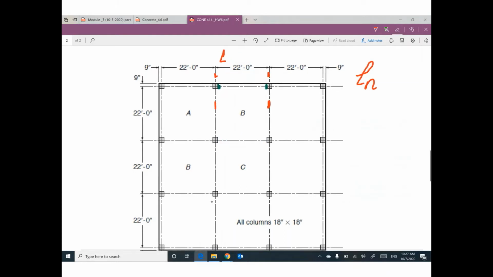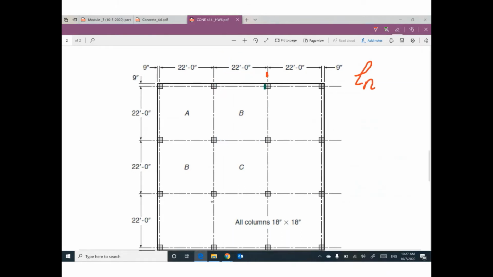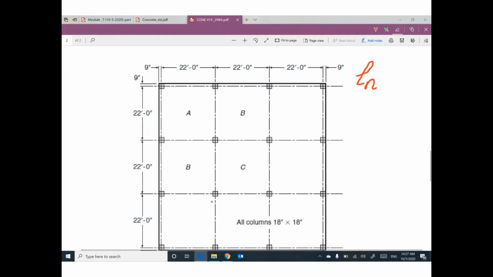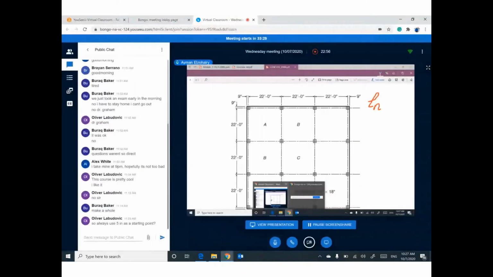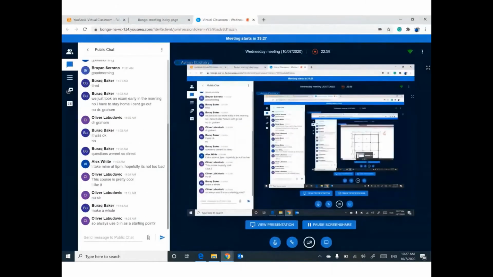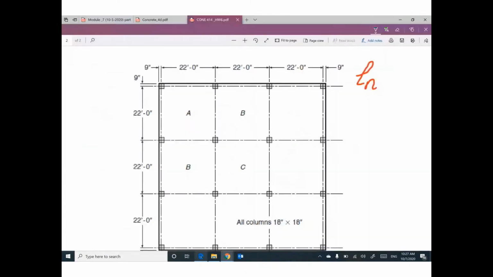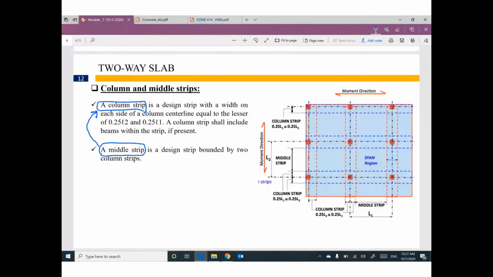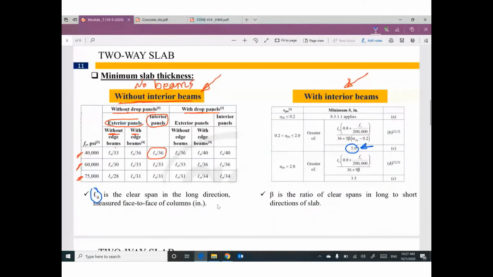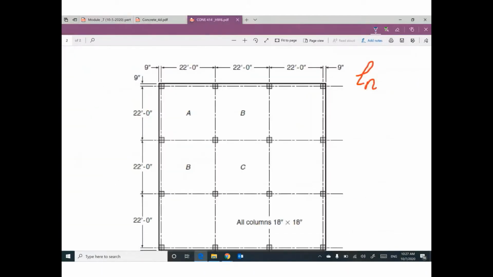If we are talking about the X direction, this direction, X. I'm talking about it if you have a flat slab with interior beams. Just to make sure everything is good.